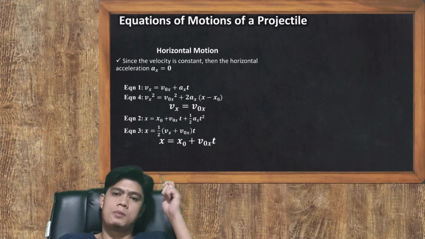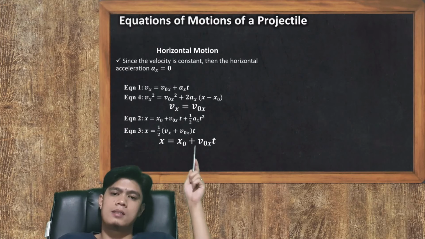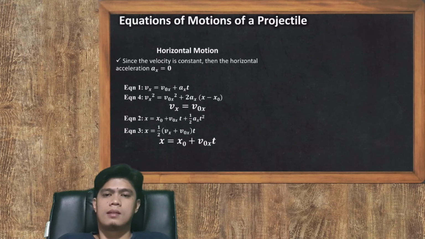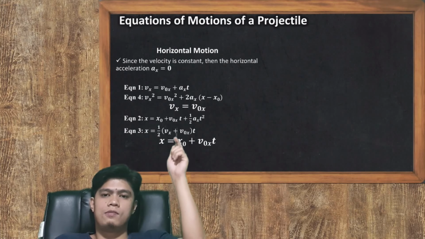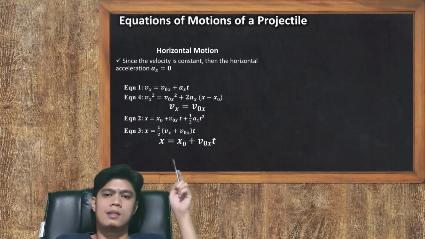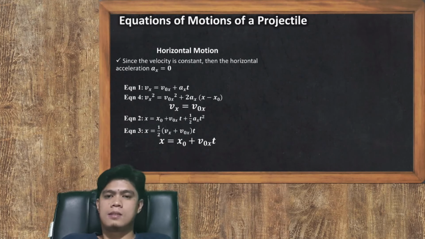So meaning the final position of x is equal to the initial position of x plus the initial velocity along x times time. So you only have to memorize two equations in horizontal motion, that is Vx is equal to V naught x and x is equal to x naught plus V naught x t.